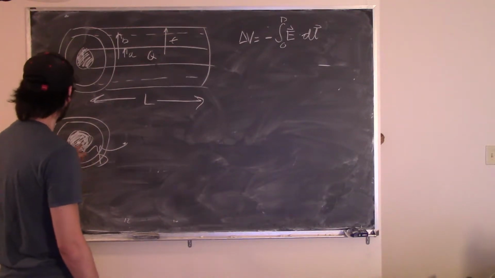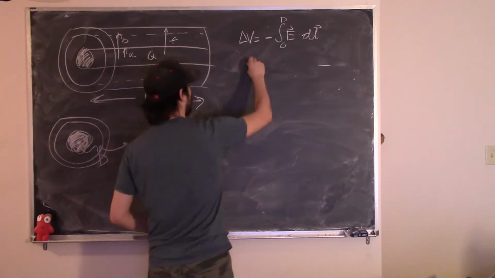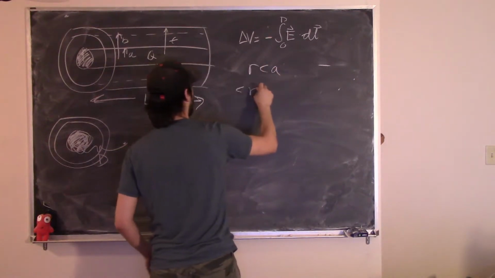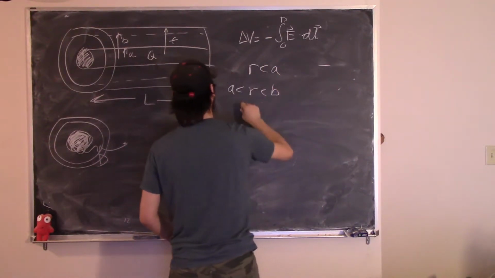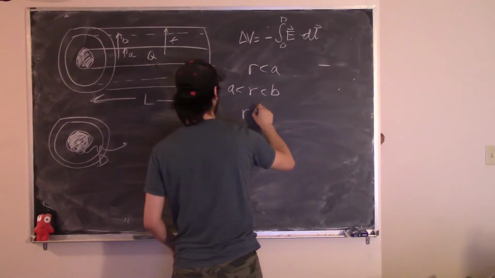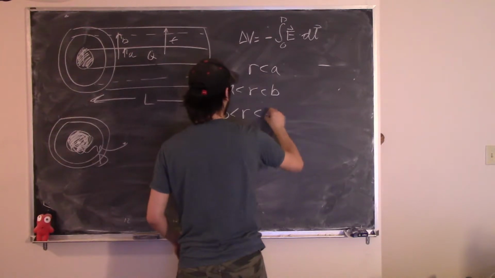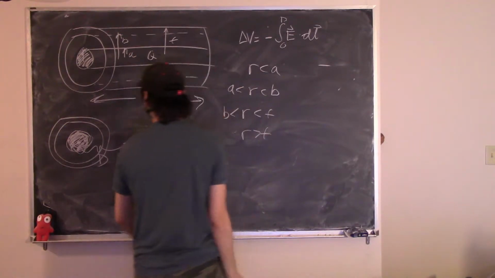Okay. So in order to do that, we can say the regions that I'm interested in are R is less than A, R is greater than A and less than B, R is greater than B and less than F, and R is greater than F.